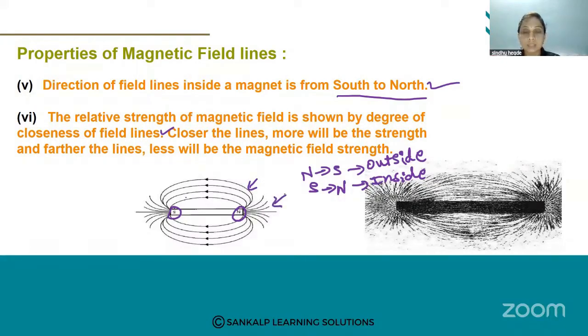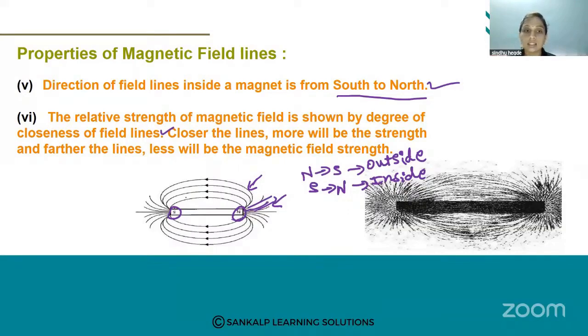Yes, there must be some difference. Compared to the field lines outside, the field lines in the pole are very, very high. A very large number of field lines are generated at the pole point. It means the strength of the magnetic field is shown by the degree of closeness.